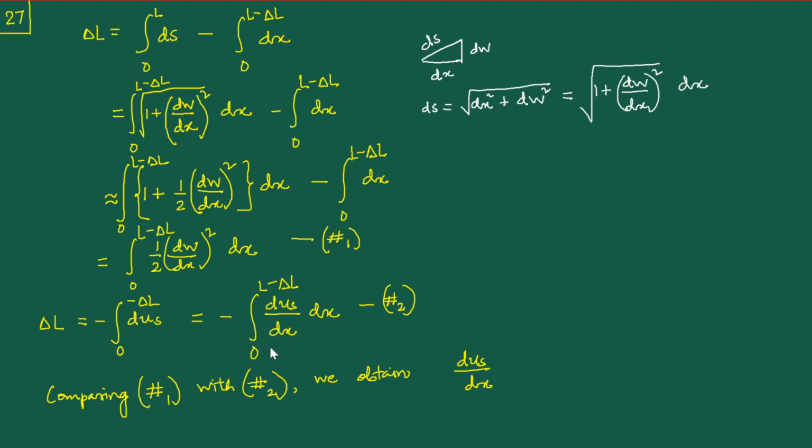It is with respect to x and the limits are the same. So that is equal to minus half dw dx square. Okay, so this was what we had to justify and we have justified it.